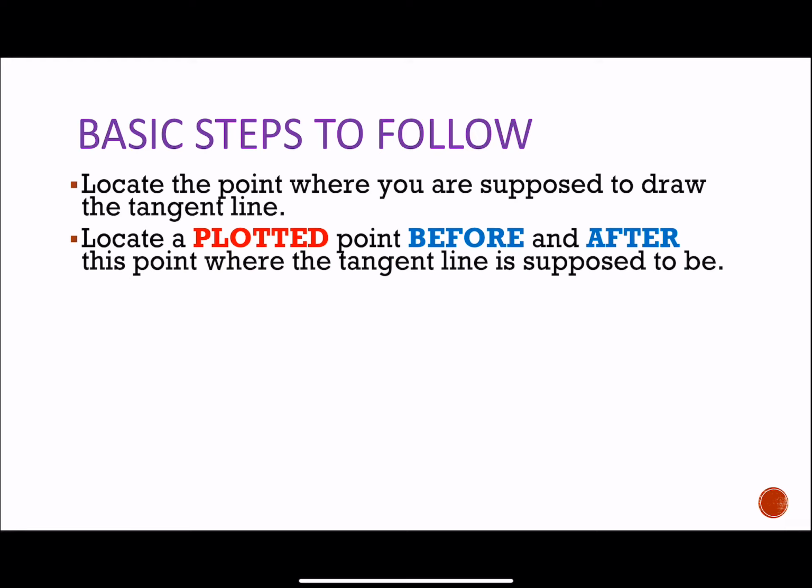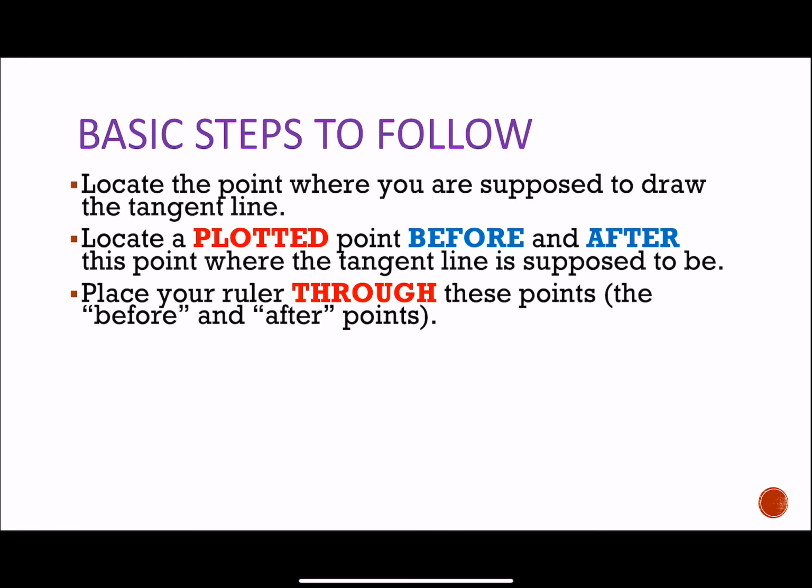By plotted point I mean when you have the table of values and you use that to plot your points. Those are the plotted points that you have. Sometimes the point where you need to draw the tangent line is not an original plotted point, but for today's lesson, we'll use one that was already plotted.